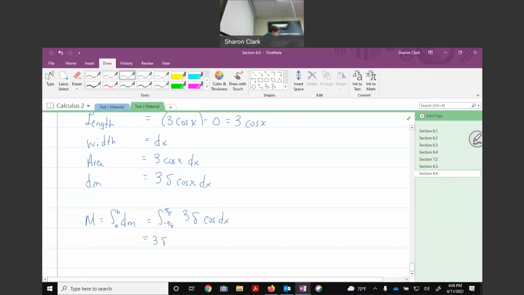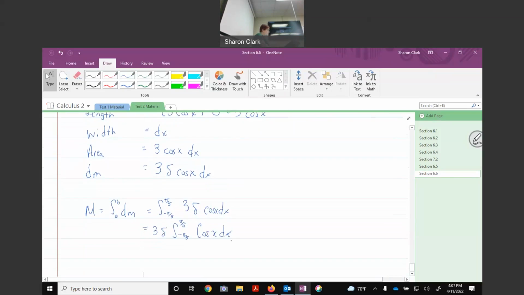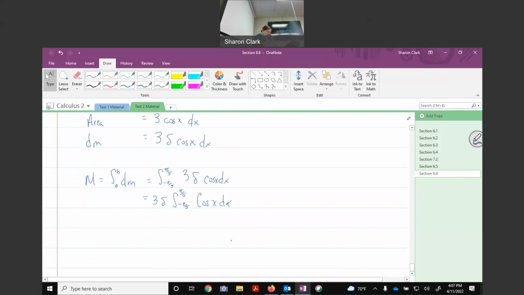So that's 3 delta integral from negative pi over 5 to pi over 5 of cosine x dx. Now the integral of cosine is sine. So this is 3 delta sine x from negative pi over 5 to pi over 5.